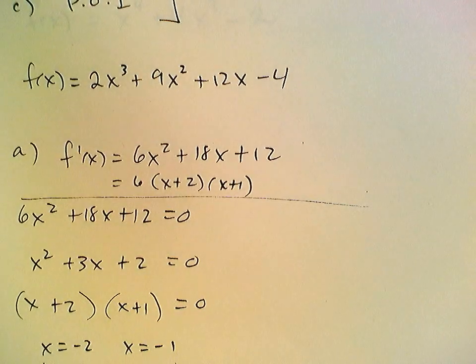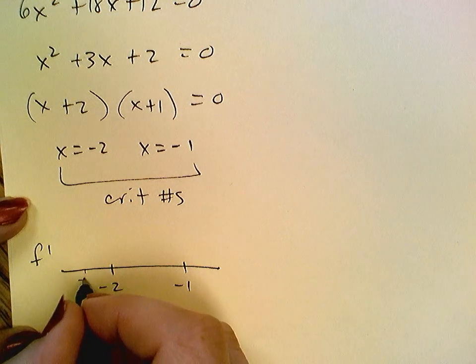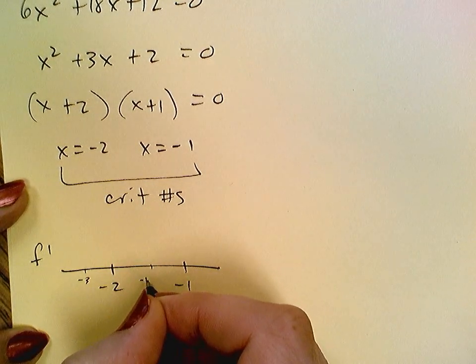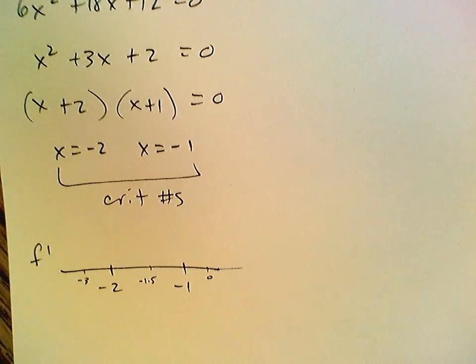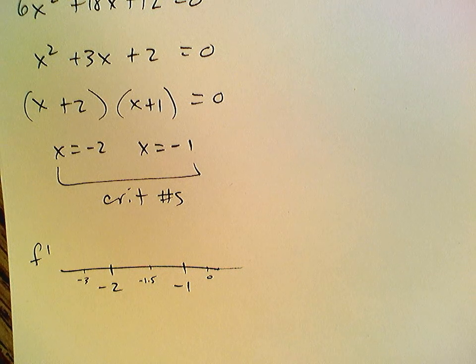And the reason why I want to plug these values, for example negative 3, negative 1.5, into the factored form is so that instead of actually finding the f prime function value, you can just think in terms of positive or negative instead of the exact numbers.